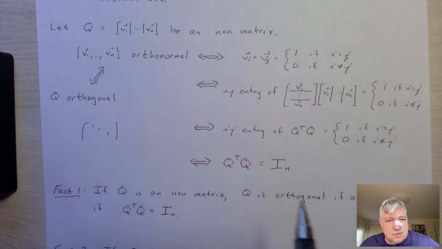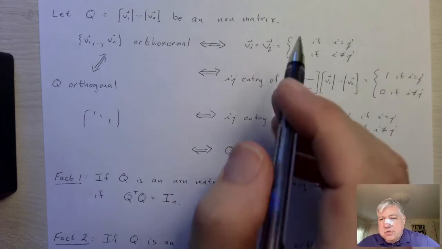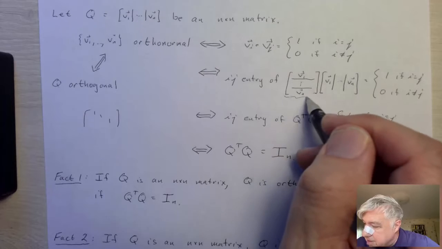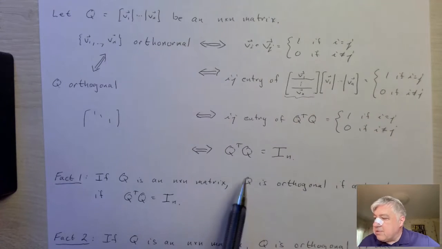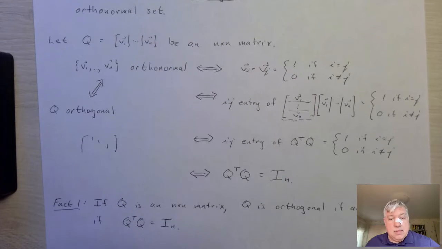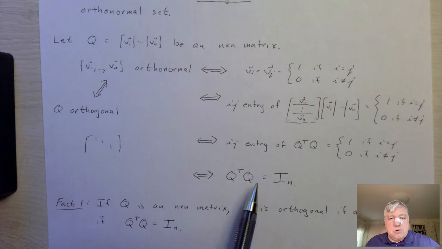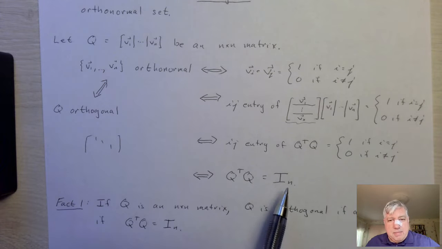So we're saying that Q transpose times Q is equal to In. If Q is orthogonal, that means Q transpose times Q is In, the identity matrix.